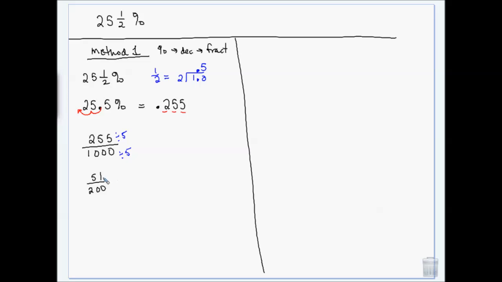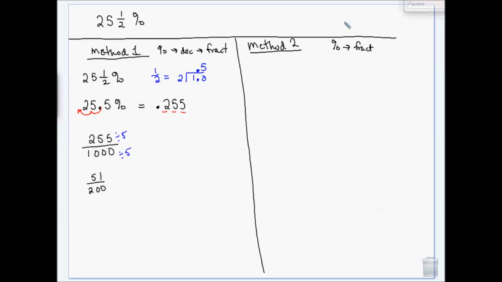It will not divide by 10. It doesn't divide by 7, because 7 times 7 is 49. Doesn't divide by 11, doesn't divide by 13. I could continue, but once you get to about the halfway point, so about 25, 26, you don't have to keep going anymore. But I already know 51 is prime, so I'll stop. So we're done. This is my answer.